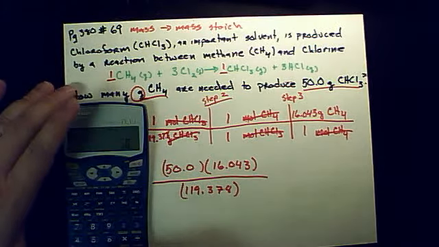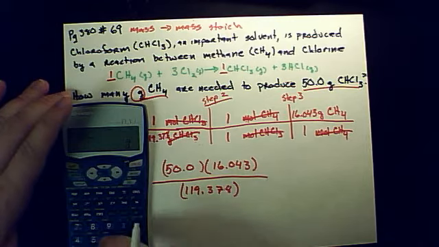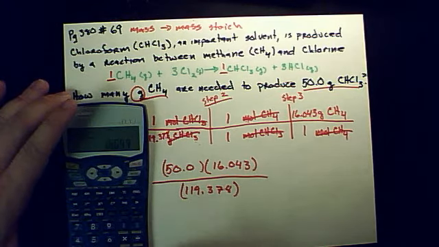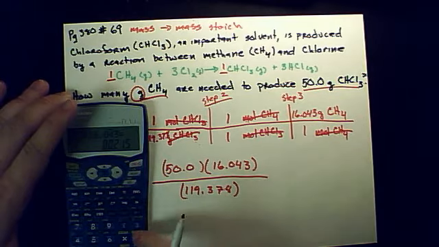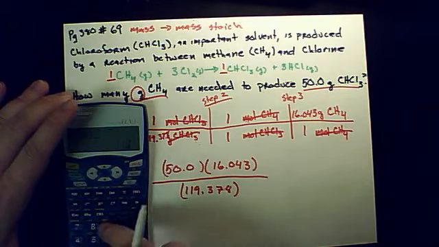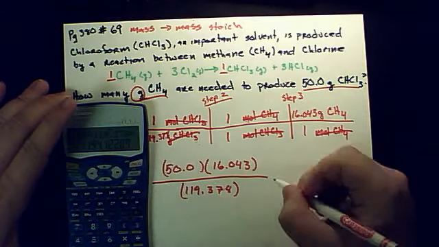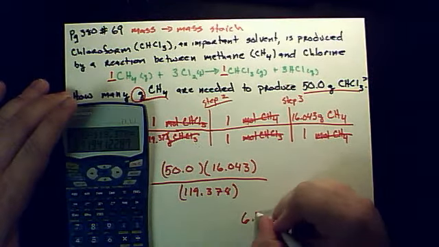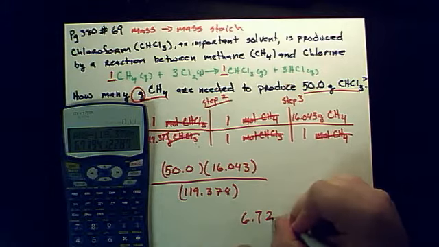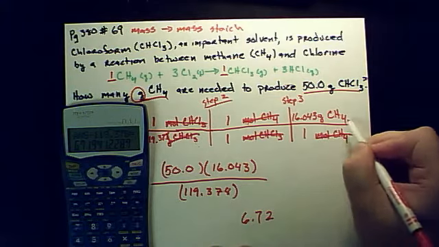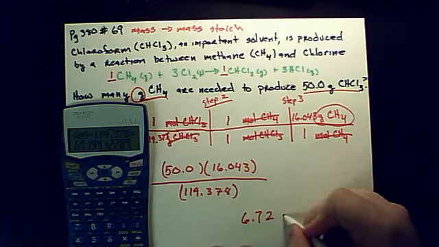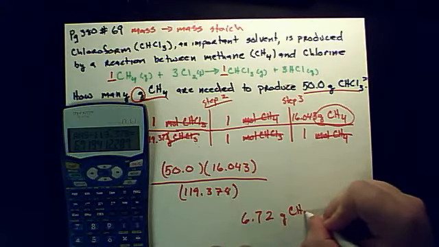We have 50 times 16.043 equals 802.15, and then I divide by 119.378, and that equals 6.72, and grams of CH4, the unit that's left here, so grams of CH4.